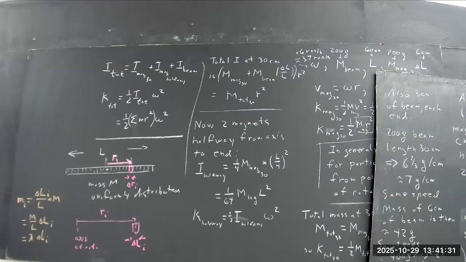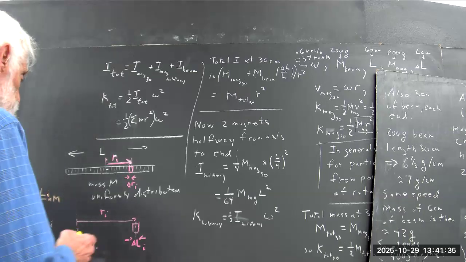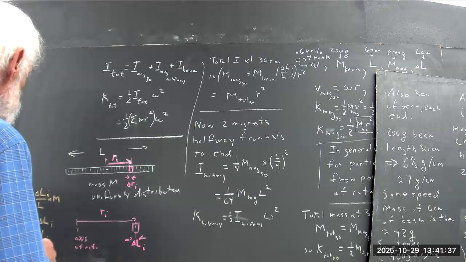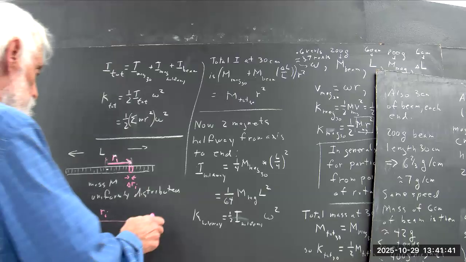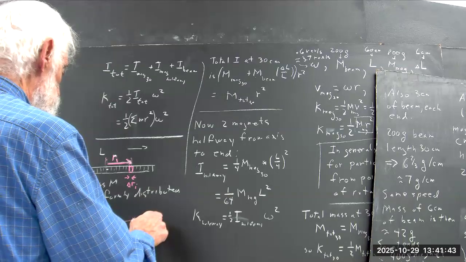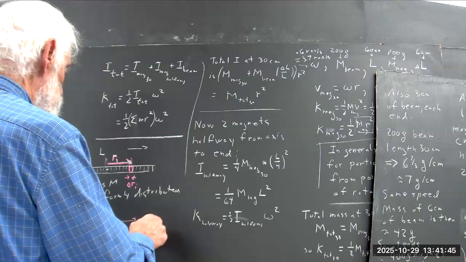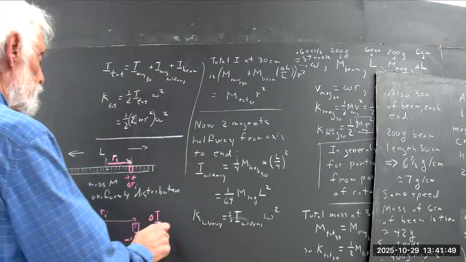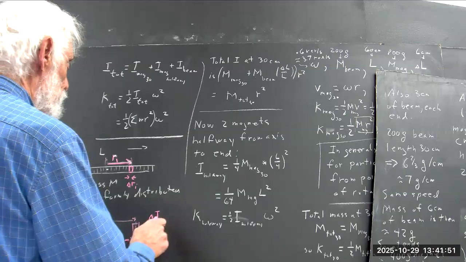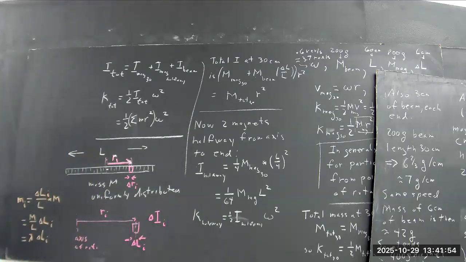So what's the moment of inertia of the ith increment? We could call that delta I sub i.